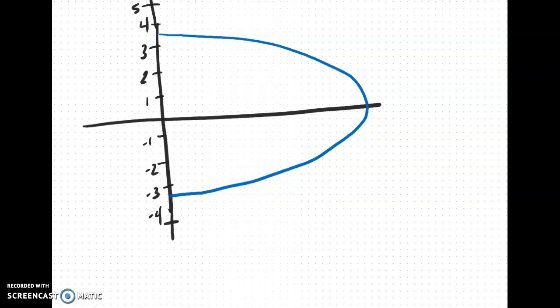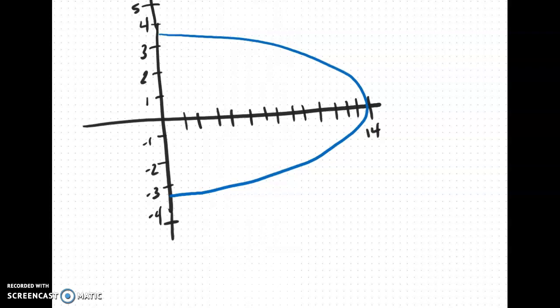And on the x-axis, this appeared to be 14.